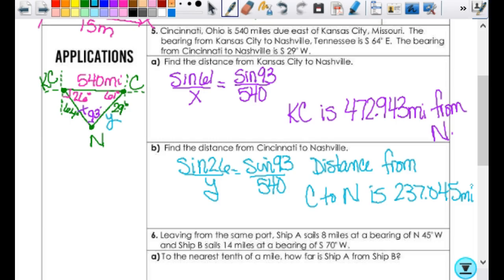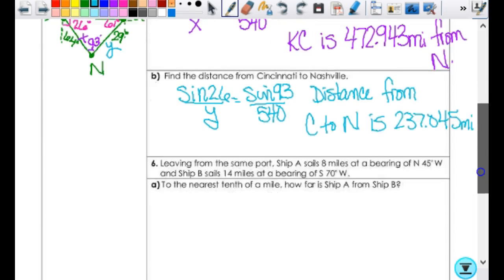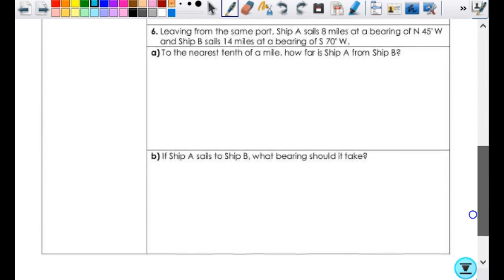Questions? Okay. So I want you to read number 6, and I want you to just think about how you would draw it. And then I'm going to help you draw it, but just think through it. You can sketch something out if you want. I just don't want to do them all for you.